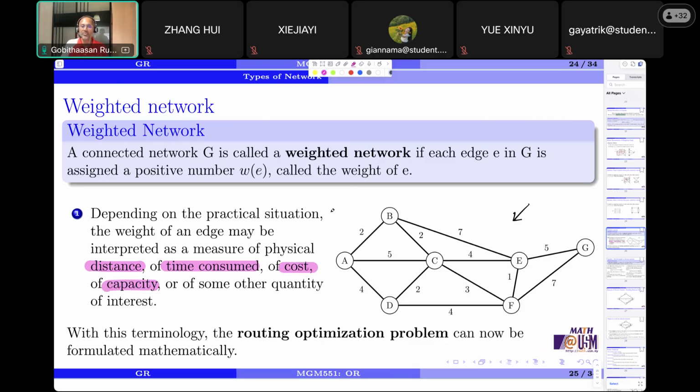So we impose weight for each edge to represent a quantity of interest: distance, time, cost, or capacity. By doing so, we would be able to do routing optimization problems. We would be able to solve them using various kinds of algorithms that we will soon look into.